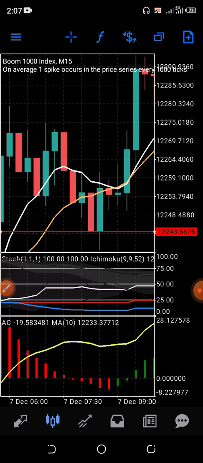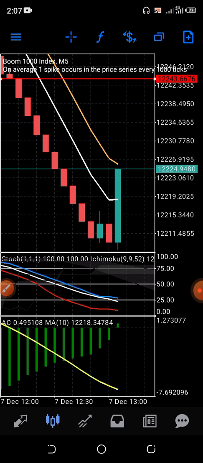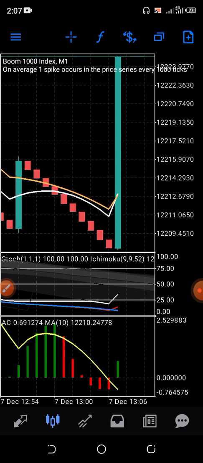What does this mean? In your 5 minutes time frame, have you seen? I told you that it cannot cross here. Have you seen that there is a spike now? It cannot cross.